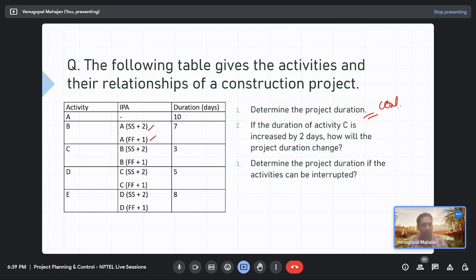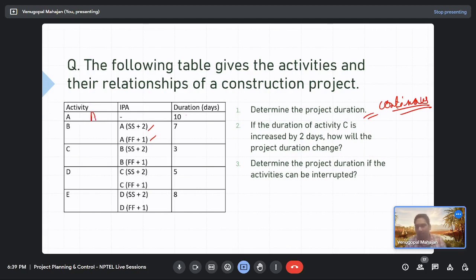So continuous activity you have to assume first. Okay, so what does this network look like?